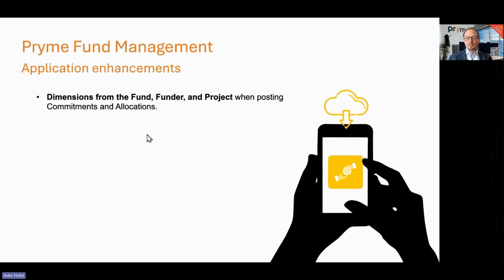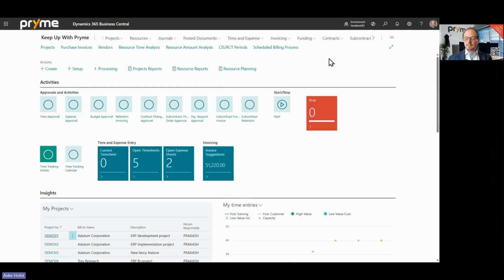Moving over to Pryme Fund Management, we have extended the dimension logic when posting commitments, reservations, and usage, which we collectively call allocations. So if I go back and I look at some of the posting we are doing.